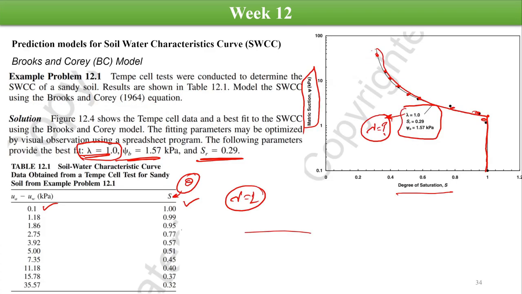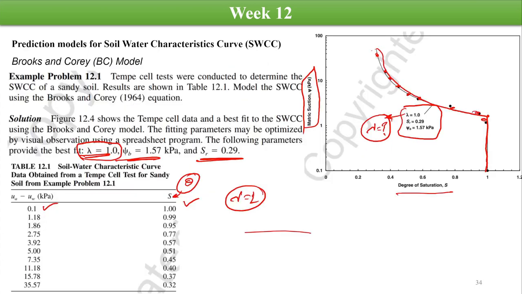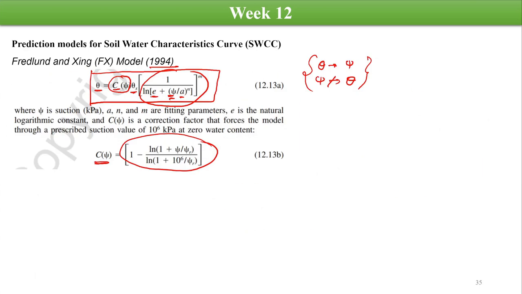Other expressions, like here, the Brooks and Corey model, is invertible. You can write theta in terms of psi and psi in terms of theta. Right. So here this C is provided.